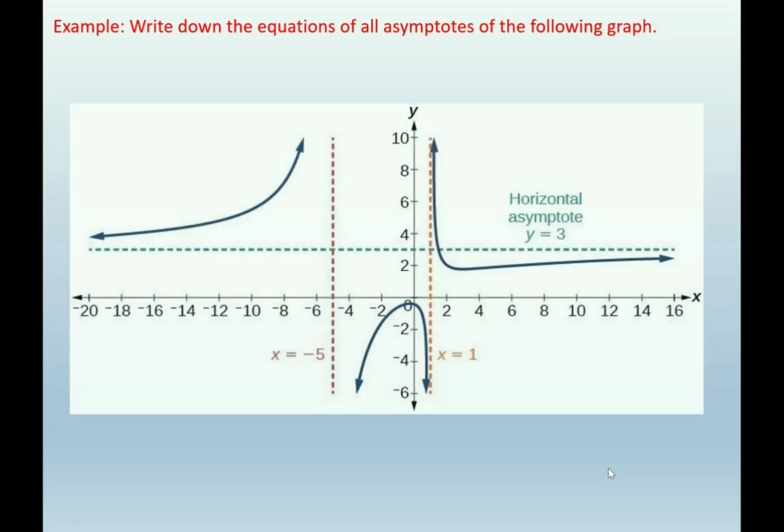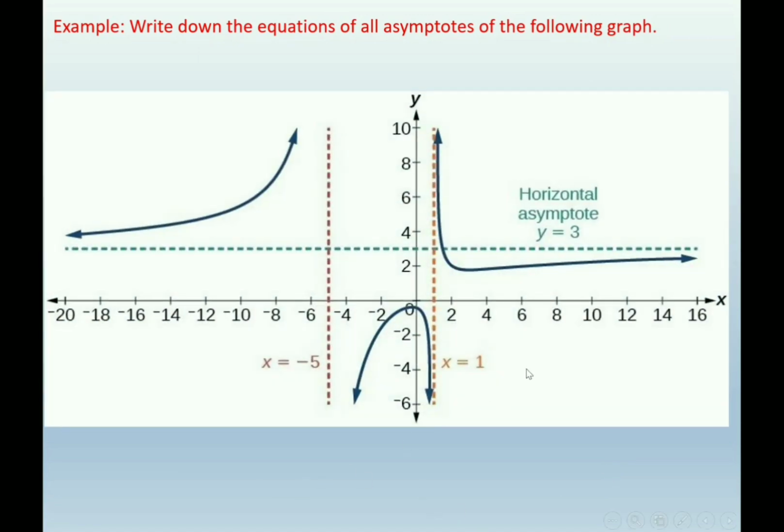Example: write down the equations of all asymptotes of the following graph. Have a look. You can see that you have two vertical asymptotes. One of them is x equals 1, a vertical asymptote, like that.